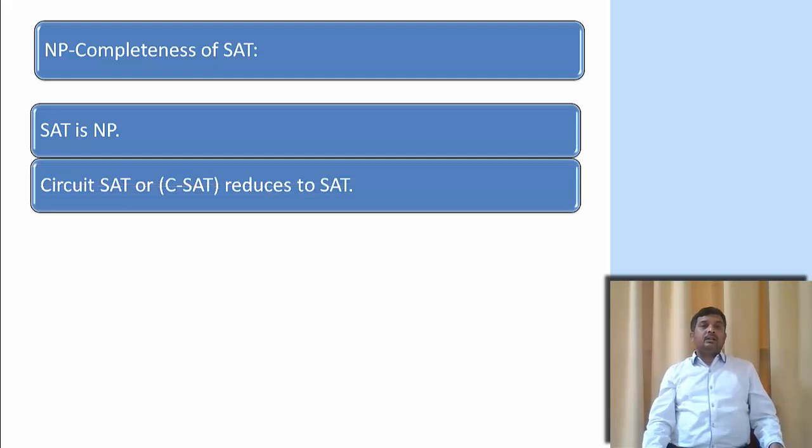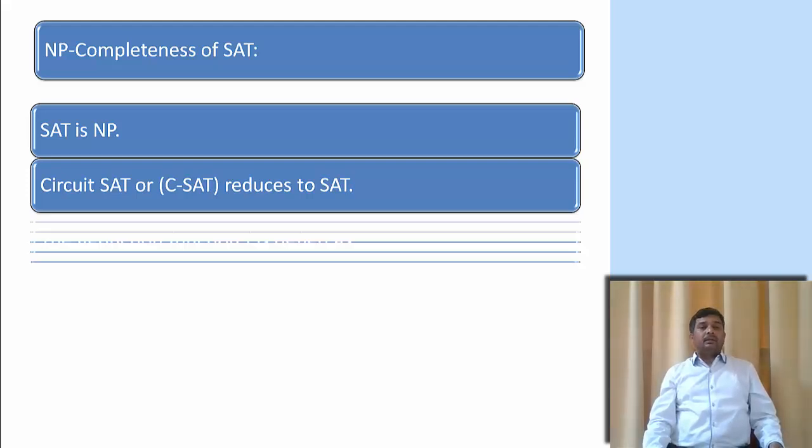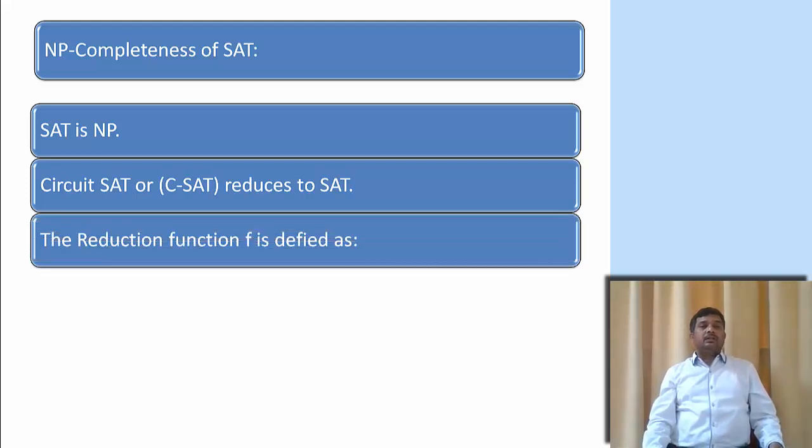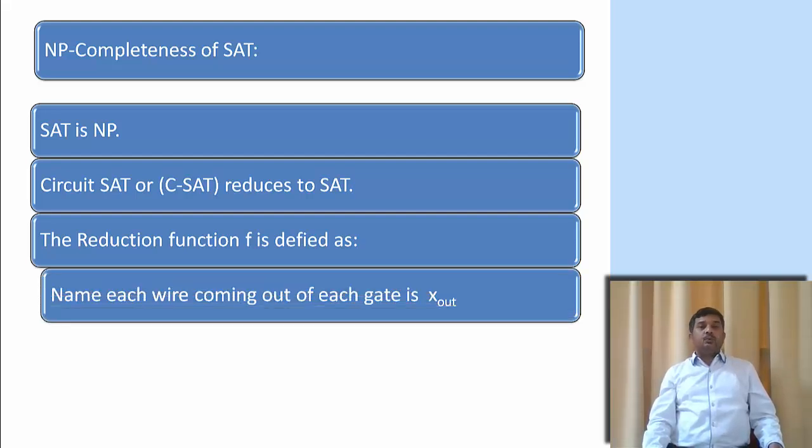The circuit satisfiability problem, or C-SAT, reduces to the SAT problem. So if any circuit satisfiability problem is given, then I can bring it to a satisfiability problem. And the reduction of the function, how can I bring it? Let us see. For each wire that is coming out of a particular gate, let me name it X out.